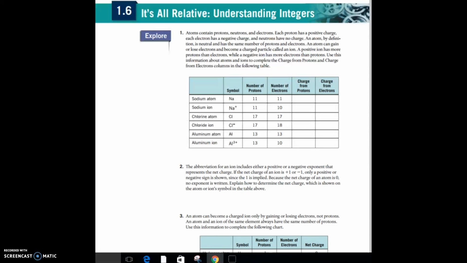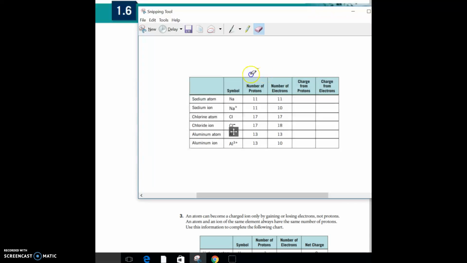All right, so as you read, every single proton has a positive charge. So each one has a positive charge, like we could write positive 11. And even if you don't write the positive, it's assumed that it's positive if it doesn't have a symbol. So every single one of these carries a positive charge. And then for electrons, every one of those carries a negative charge.